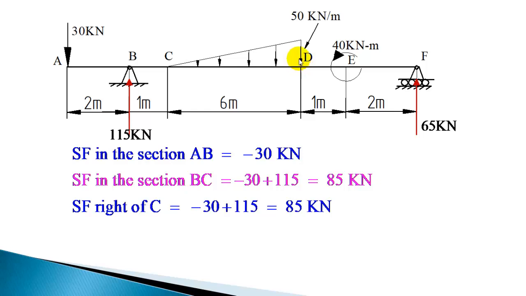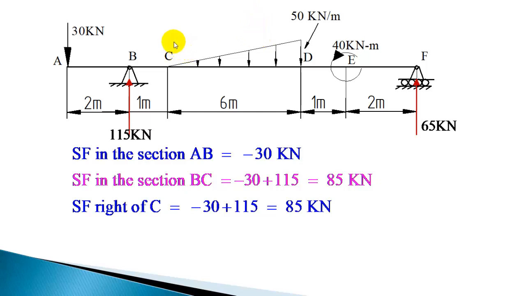Also at left of D you should calculate immediately left of D. When you take this, the complete UVL will come, and this is not a point load, this is only the intensity we have marked. So immediately left of D, this part of load is negligibly small and the complete UVL will come here. So this complete UVL means it's minus 150.